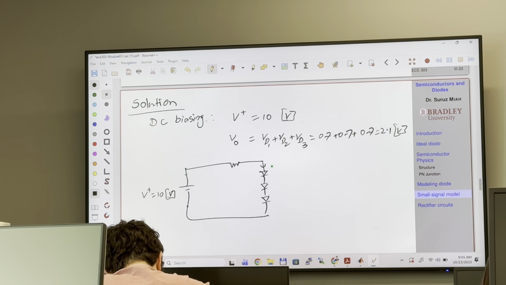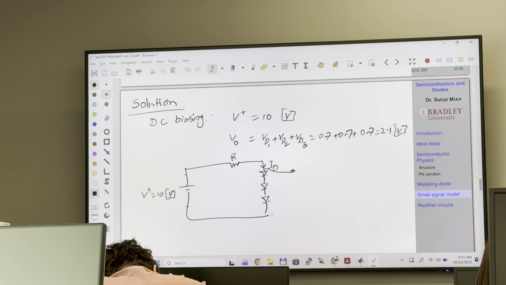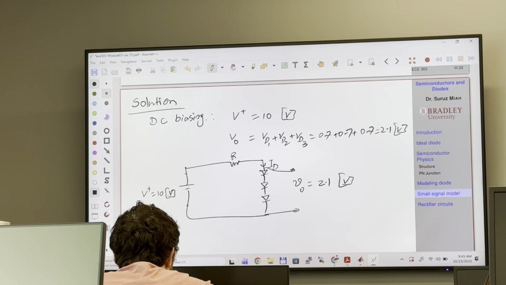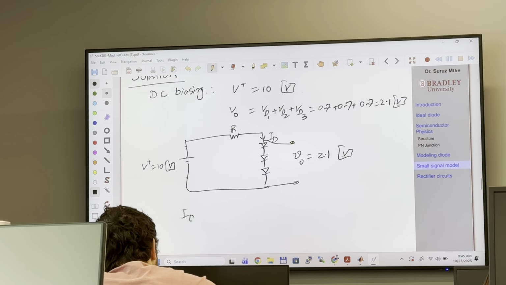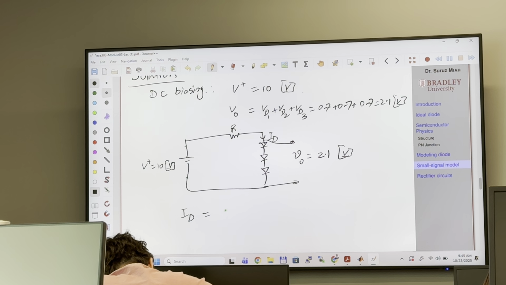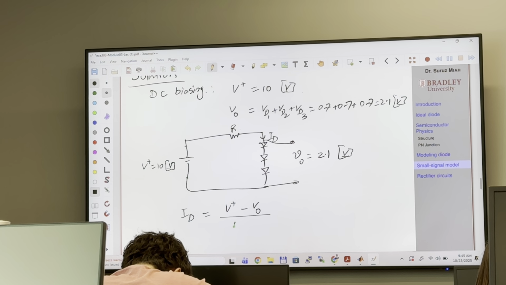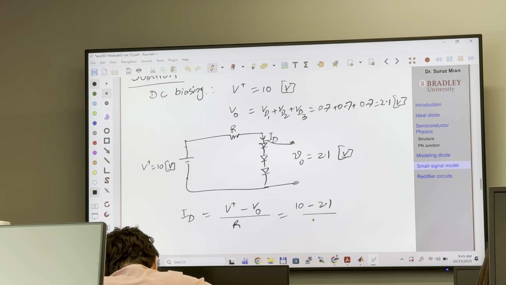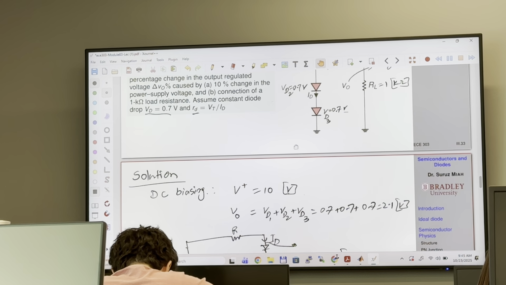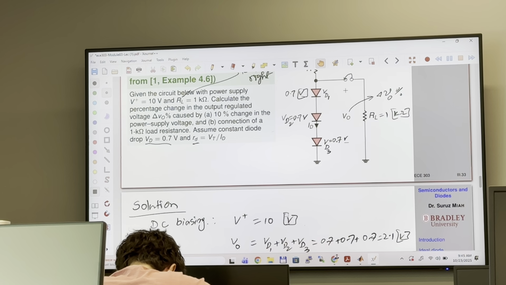So the current flowing through these 3 diodes is ID, and this is R, and we know this voltage Vout equals 2.1. So therefore, ID is simply, using Ohm's law, V plus minus Vout over R, which is 10 minus 2.1 over, how much was R?